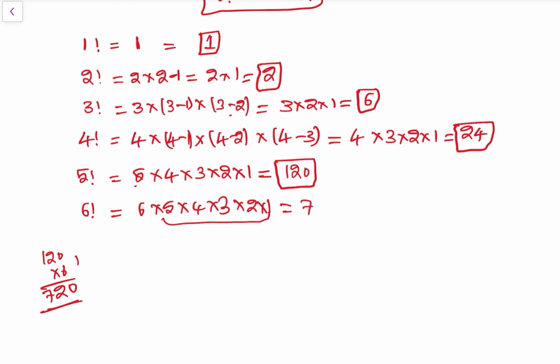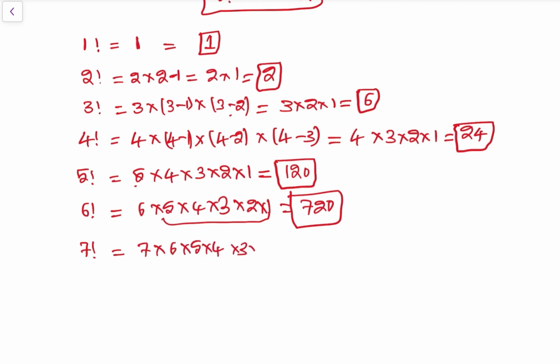So 720 is the answer for 6 factorial. Now let's see 7 factorial. 7 factorial is 7 into 6 into 5 into 4 into 3 into 2 into 1. So that is 720 into 7. 720 multiplied by 7, if we multiply we get 5040.